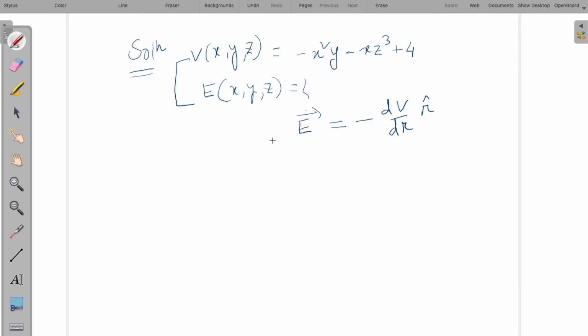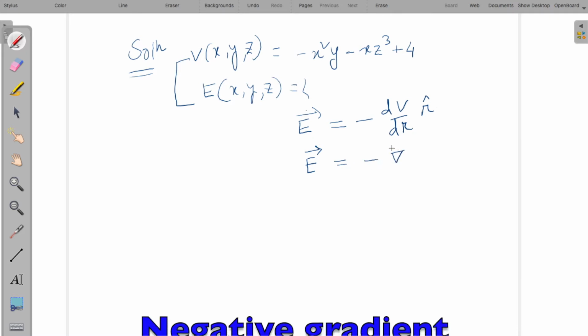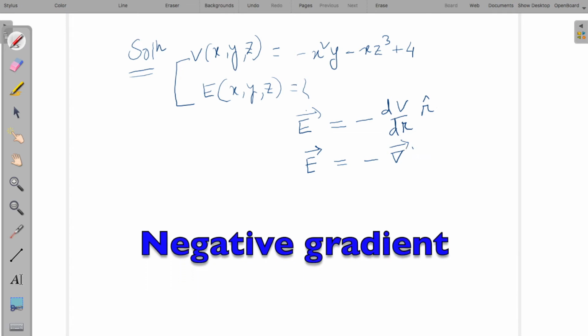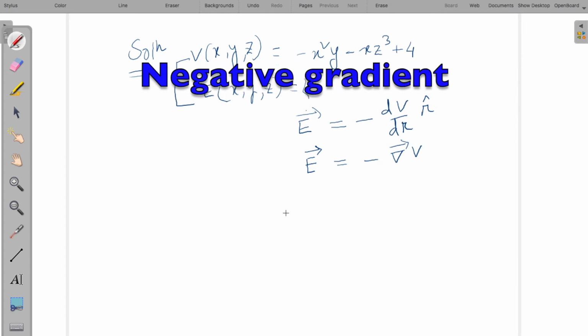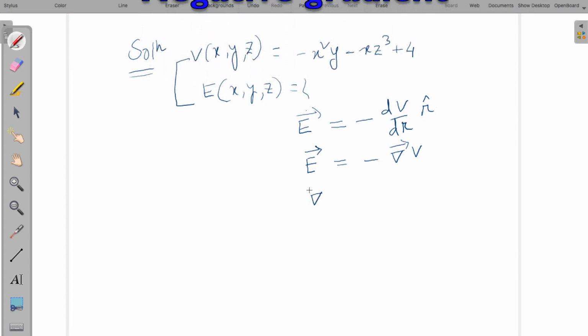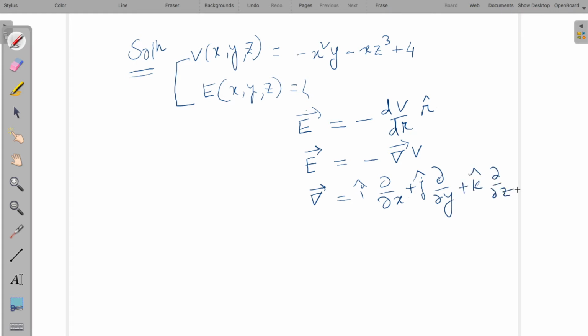So for simplicity and easy understanding, I am going to use another formula, which is that the electric intensity is given as the negative gradient of the potential, where this gradient symbol del can be written as i cap del x plus j cap del y plus k cap del z.